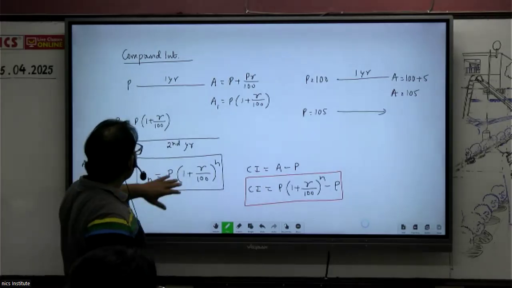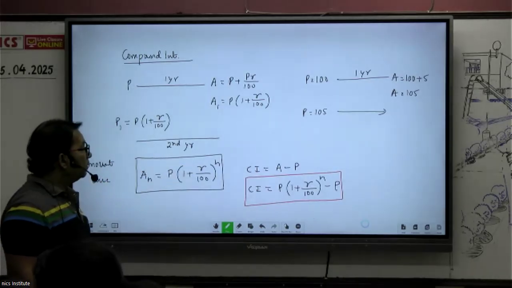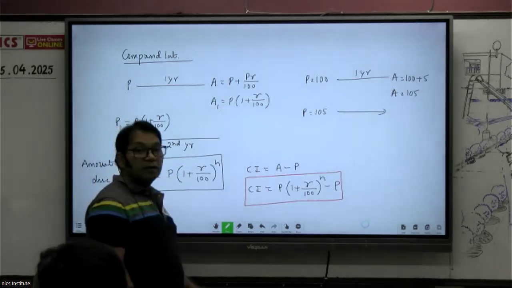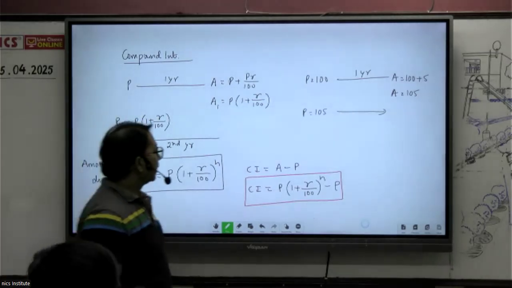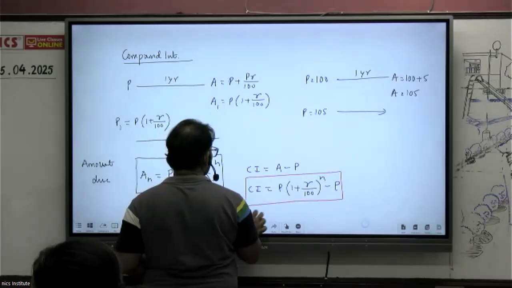R is the rate of interest per annum, and n is the number of years over here. And this compounding is done yearly.